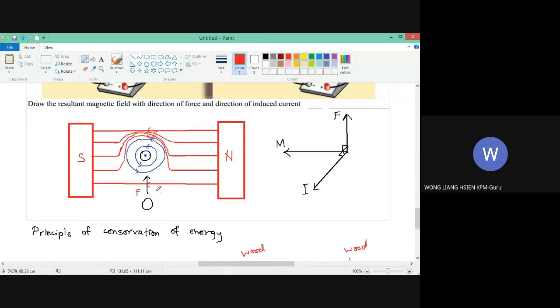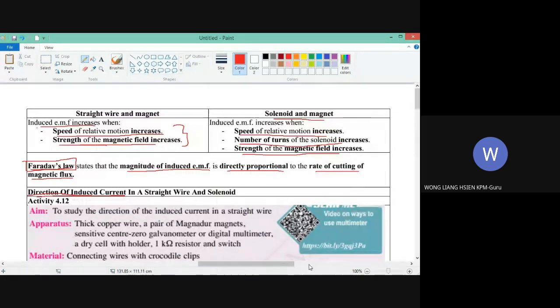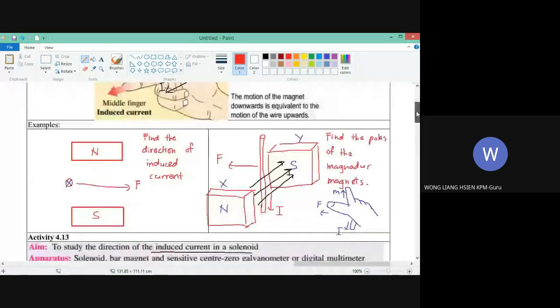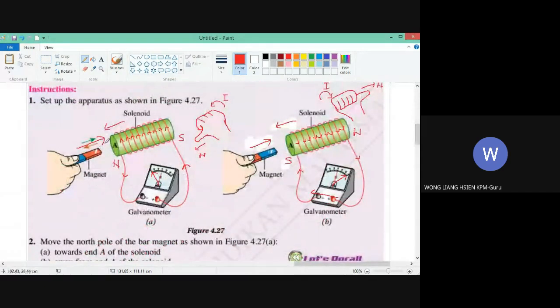Okay, get the idea. So you see, every time you disturb, every time you cut the magnetic flux to produce induced current, it will always produce a magnetic effect that opposes the motion. You want to push in, it will push back out. Same with the solenoid.